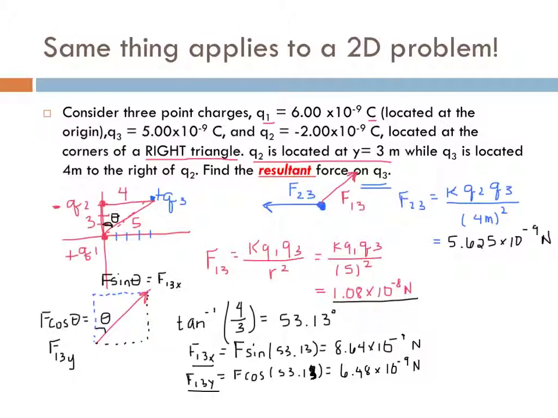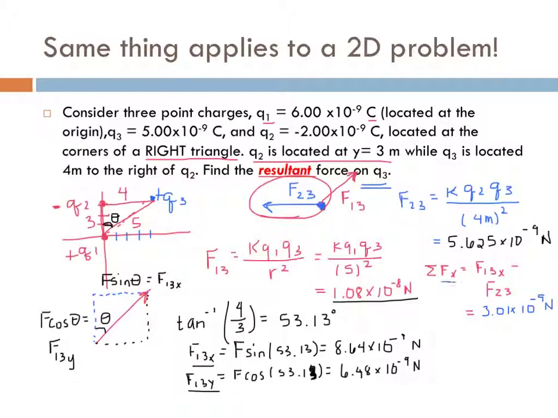Because our force F23 is also in the x direction, we can write the sum of the forces in the x direction is F13x minus F23, which gives you a value of 3.01 times 10 to the negative 9 newtons.